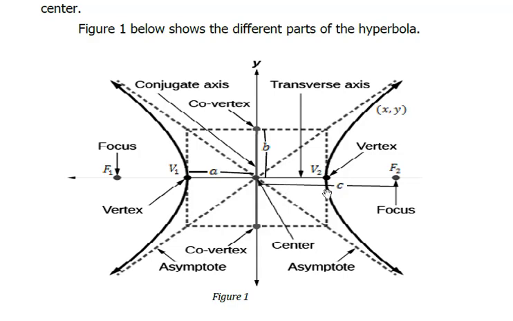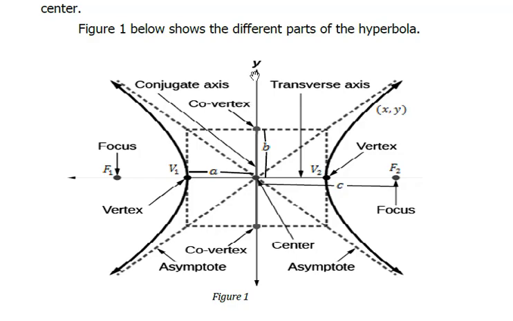From the center going up, it's B units, and the same distance from the center going down, and the endpoints of these two are what we call the co-vertices. So we have co-vertex 1 and co-vertex 2, or either way.